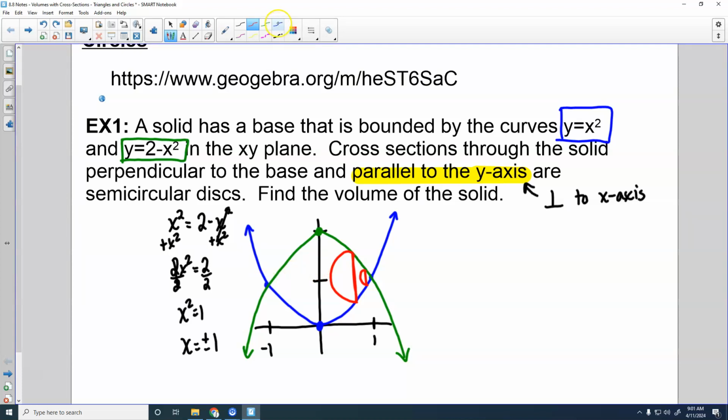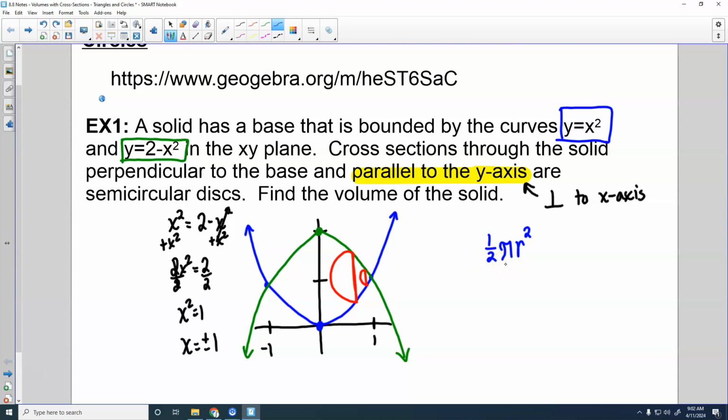So, if our cross section is a semicircle, we're working with the equation for the area of a semicircle. What is the equation for the area of a semicircle? Alright, very good. We are doing pi times radius squared times 1/2, right?